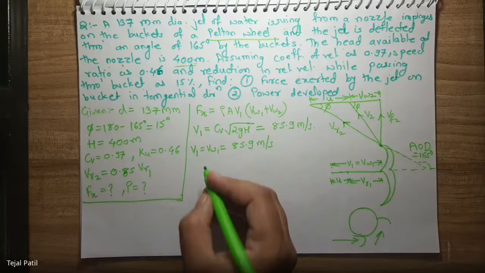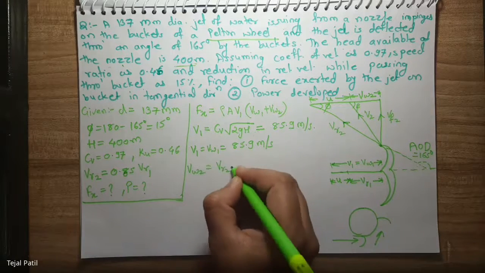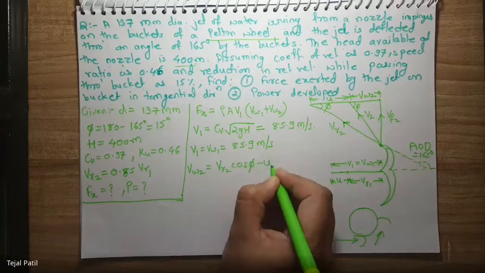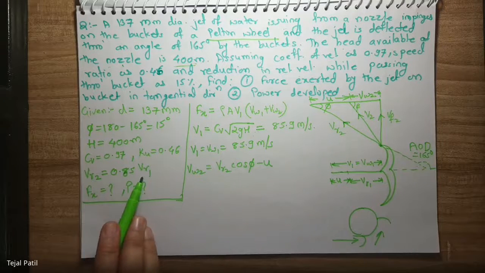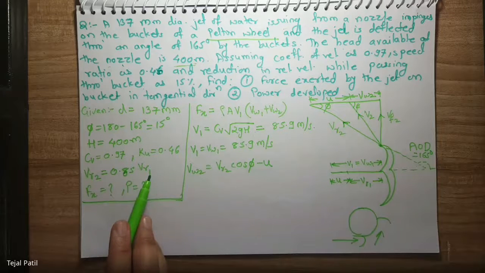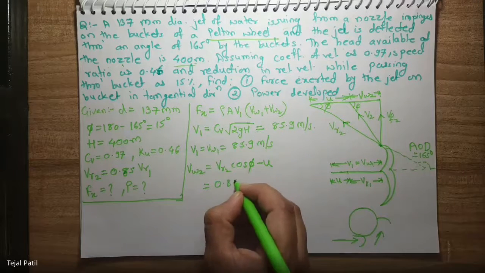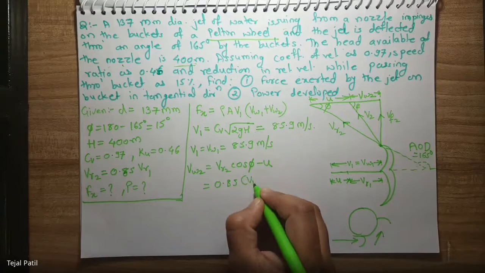Next one is VW2. What is VW2? VR2 cos phi minus U. Again here the VR2 relation is given, that is 0.85 VR1, so you can write it directly as 0.85. And what is VR1? It is V1 minus U, right?